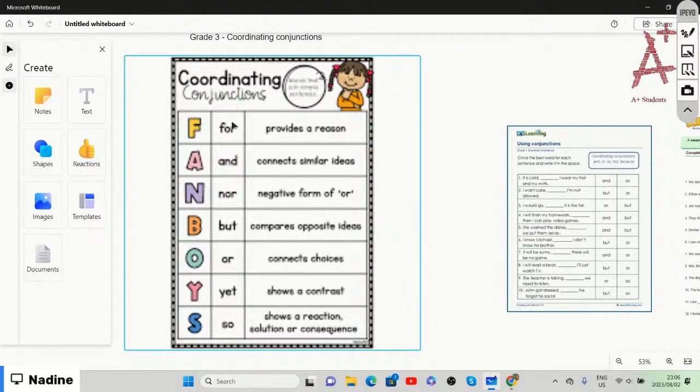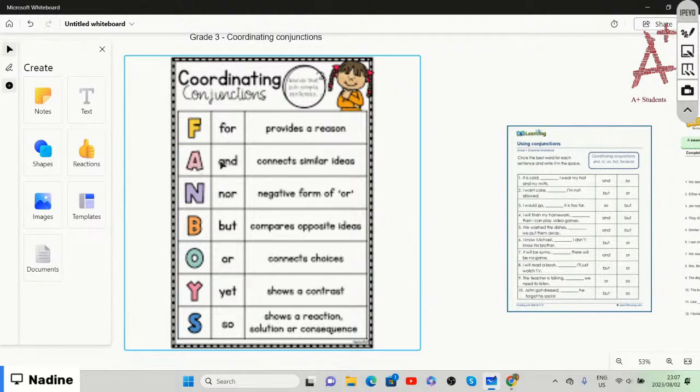So, if we use, for example, the coordinating conjunction for, within either to join words, phrases, or sentences, then it means that when we have the word for, it is to provide reason, right? So for provides reason.